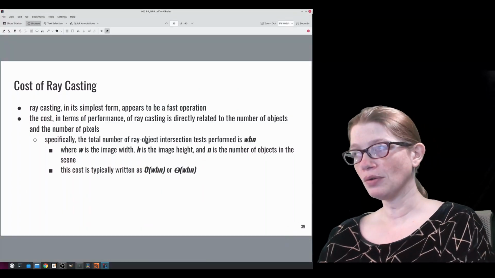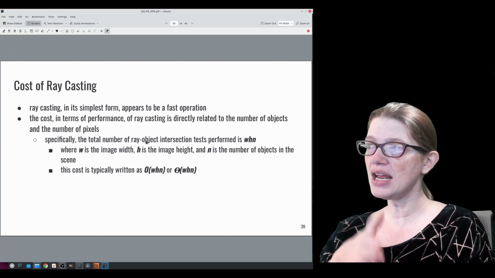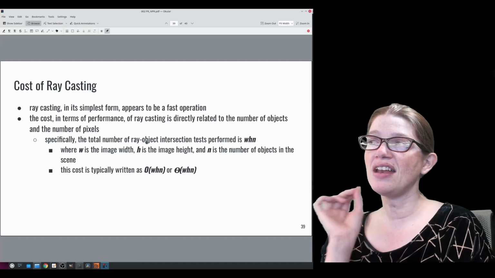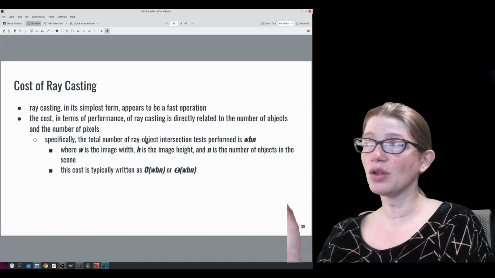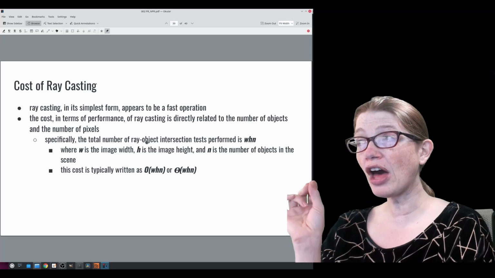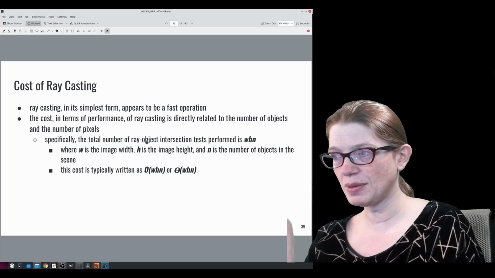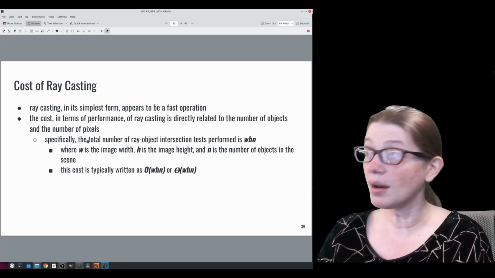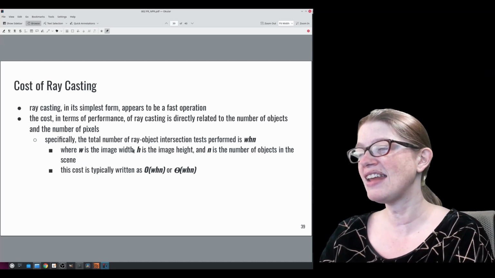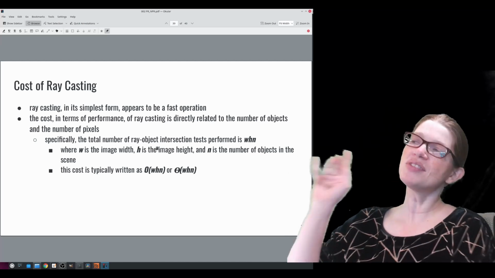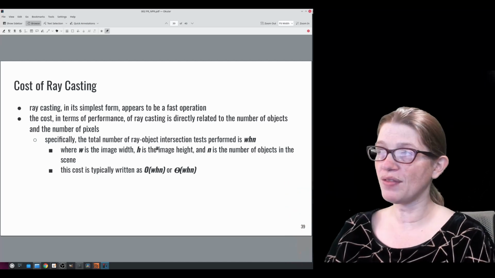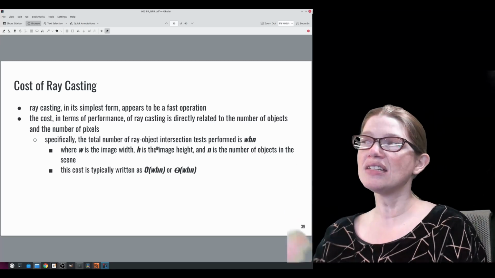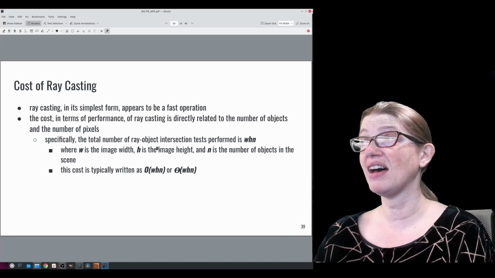So the one thing that we know is that our image has a width and a height. And we're actually going to send a ray through each and every single one of those pixels because we want to compute the color for each and every single one of those pixels. So we can say that the image has a width W and it has a height H. And I know that I am sending a ray through every single one of them, which means the total number of rays that I would send for ray casting is W times H, the width times the height.